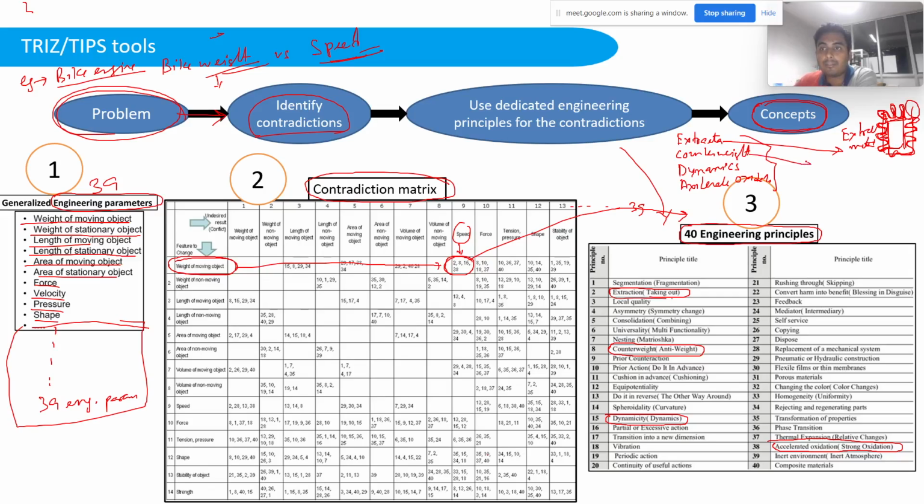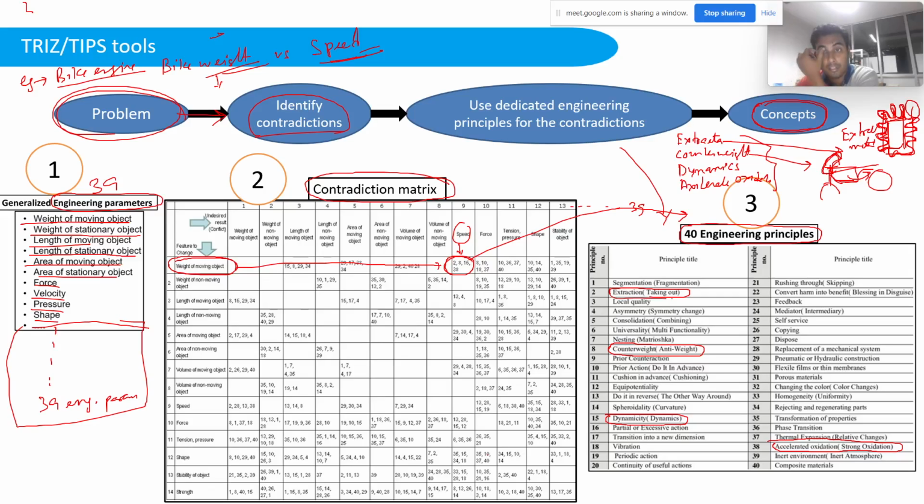Similarly, counterweight. Since it's a dynamic weight, when you move, the weight makes it difficult to balance at high speed.